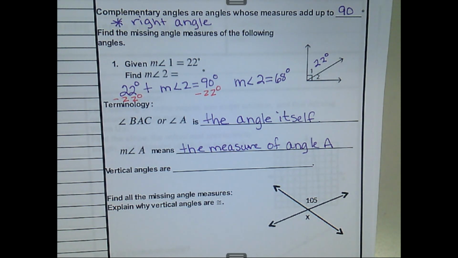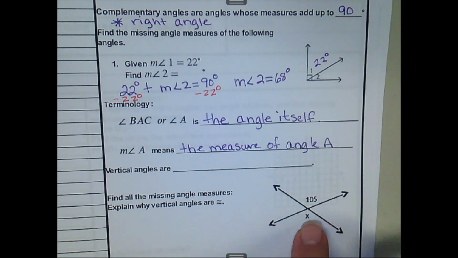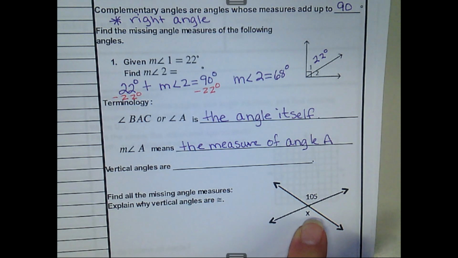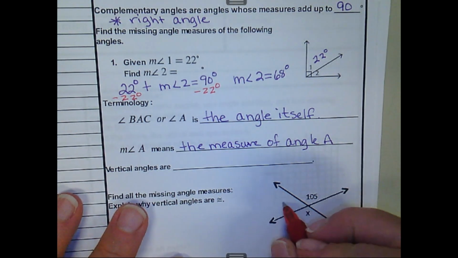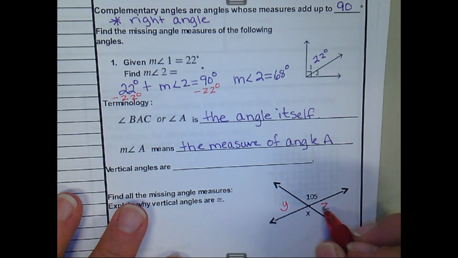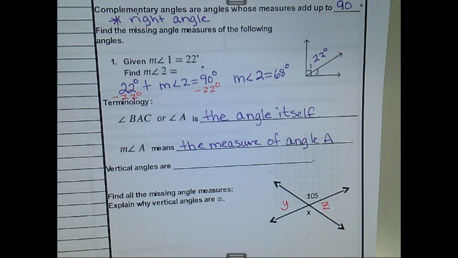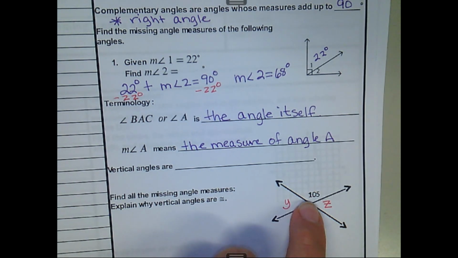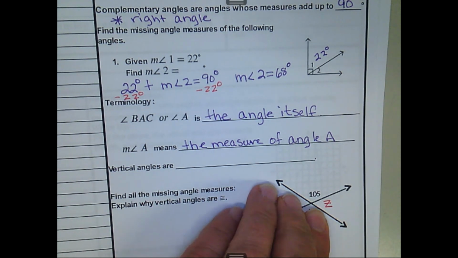Okay, vertical angles are what? Well, let's see. These are vertical angles. Let's see if we can figure out what the relationship is between vertical angles. So first thing you always want to do, I'm going to call this Y and I'm going to call this Z. Okay, so I know that this angle plus this angle form a straight line.